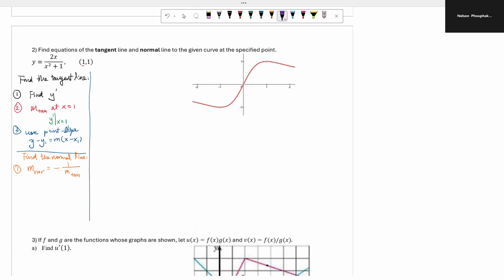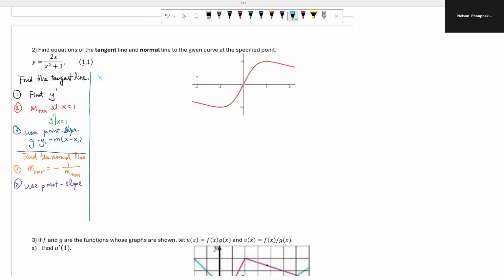And then, of course, the second step will be, again, use point-slope form to find the equation of the normal. Okay, so now let's see how we work out this problem.